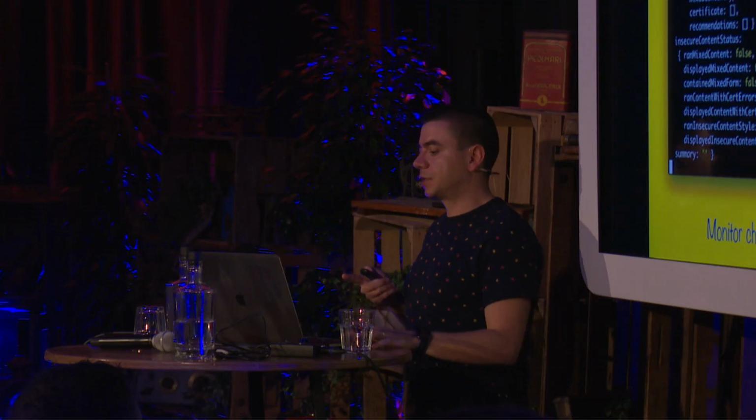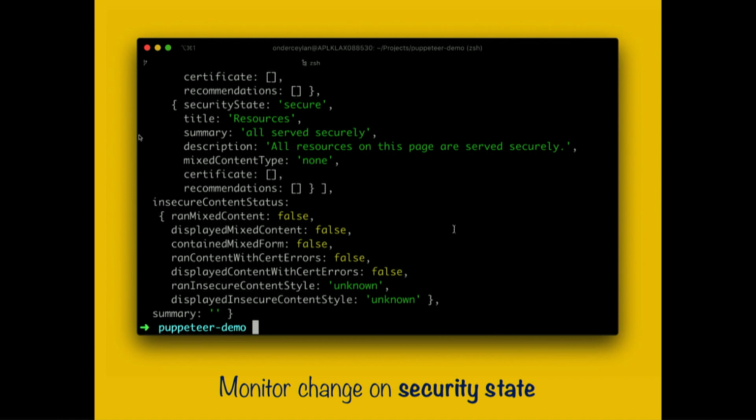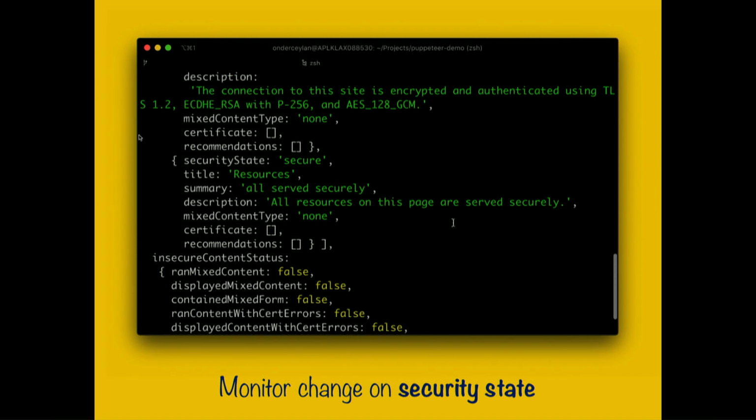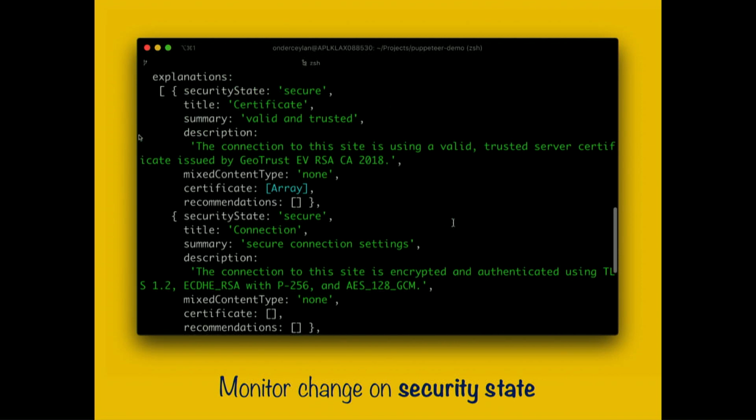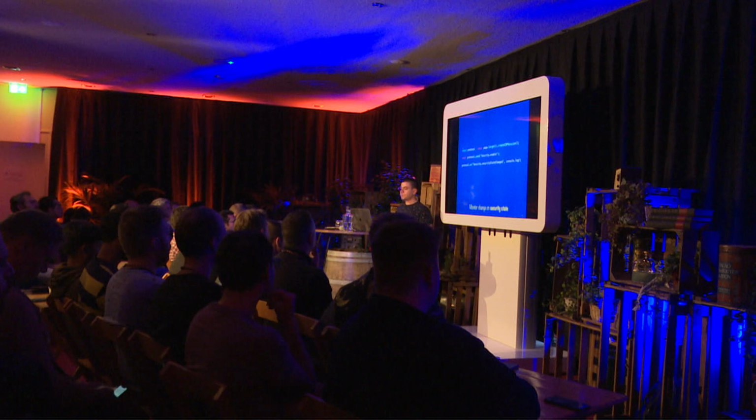One other thing is security state. You can also monitor your security on your CI or on the cloud. For the certificate, for the connection, and for the request you're making, you can create regressions over your security issues.